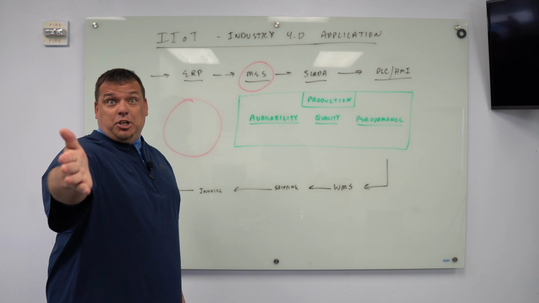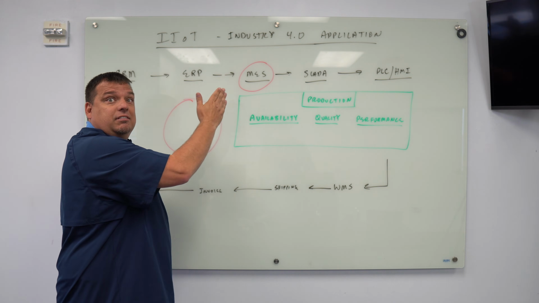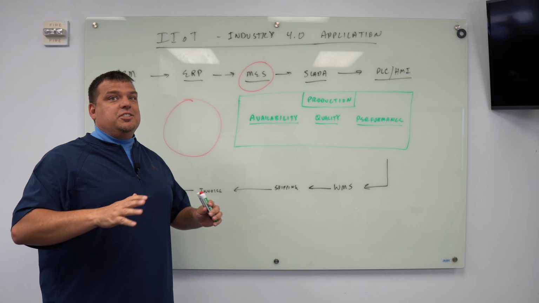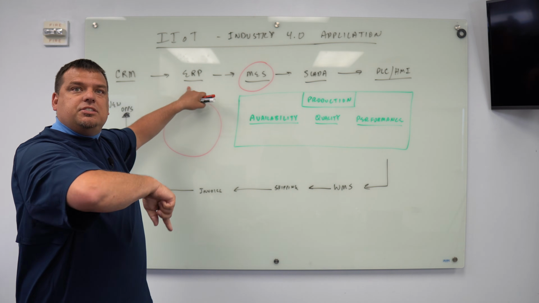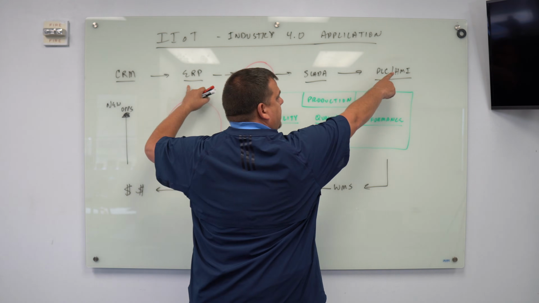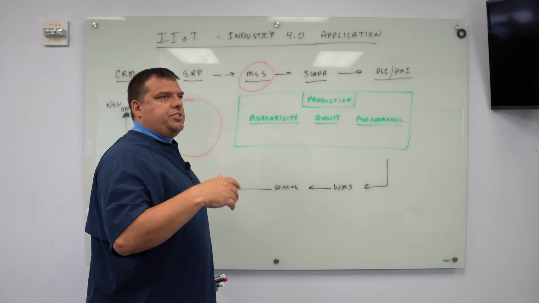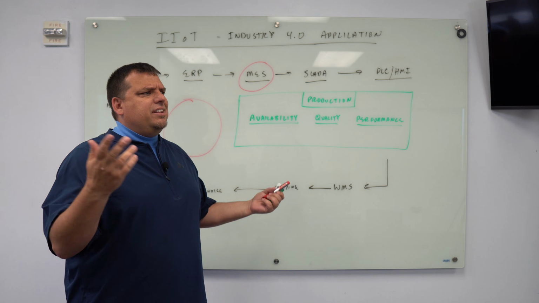For whatever reason, this resistance exists. It's just pure, absolute ignorance. For example, they'll say we shouldn't connect our business network to our PLCs and our HMIs because someone might want to sabotage our systems. No, that's horseshit.